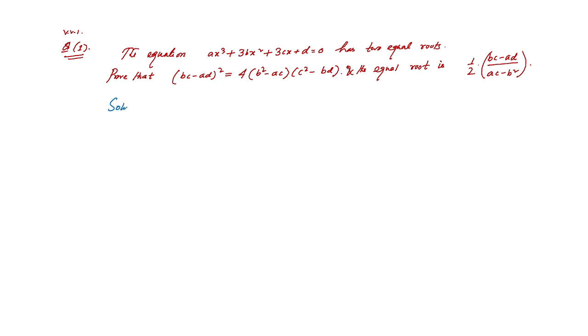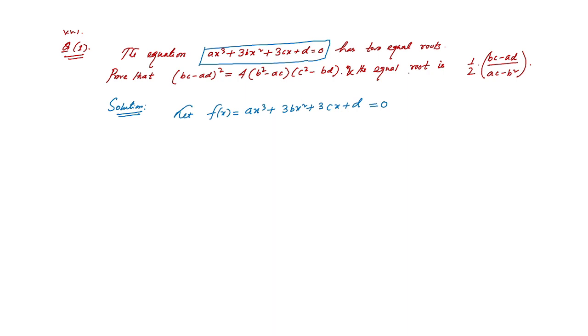So now we will move to the solution of the problem. See here, I just named this f(x) equals 0. So let f(x) equals ax cube plus 3bx square plus 3cx plus d equals 0. So this is our polynomial equation of degree 3, and it is said the equation has two equal roots.